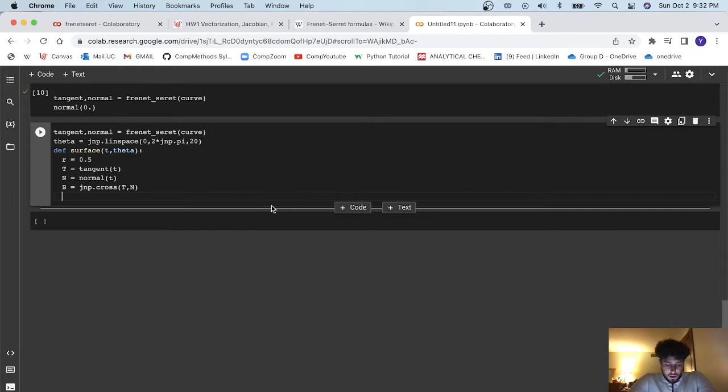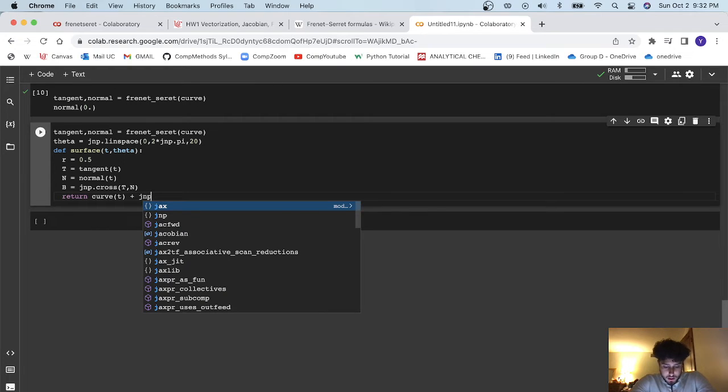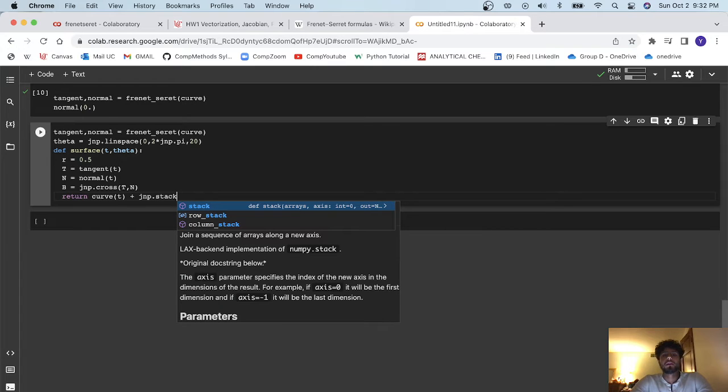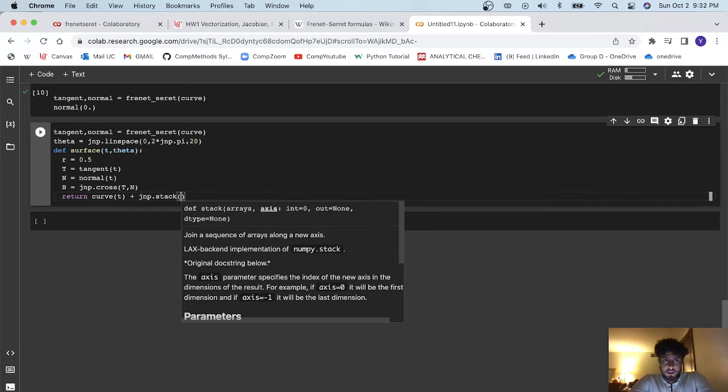So what do we need to do? We need to return something. We want to find a curve at t. We also want to merge the arrays. The way we're going to merge the arrays, so we can stack on top of each other and make that coil, is we're going to need to take that cross product.